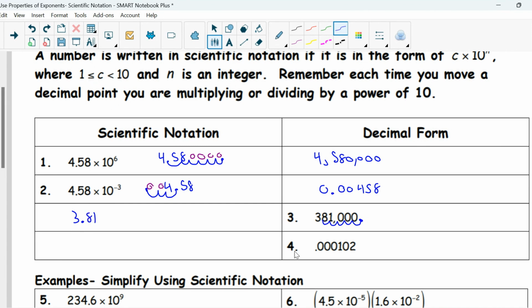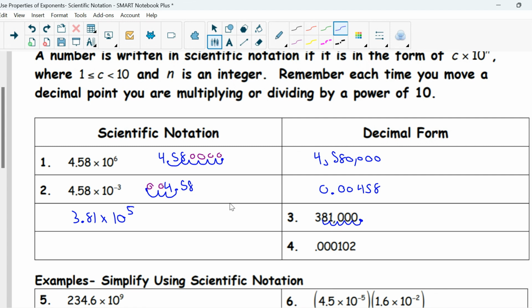That falls between 1 and 10. And then I need to just count my number of decimal places that I had to move to the left. 1, 2, 3, 4, 5 places. So this would be 10 to the positive 5th power. Okay, I know it is positive because when going from decimal form to scientific notation, moving to the left gives you a positive exponent, because that is how you would undo the decimal movement that you just did.